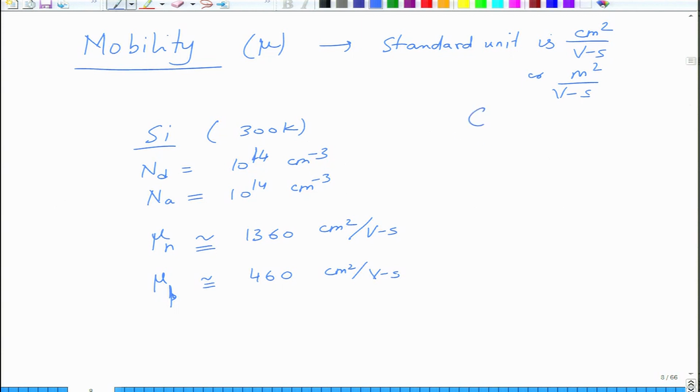Gallium arsenide, on the other hand, will have an electron mobility of 8000 centimeter square per volt second, and a hole mobility of 320 centimeter square per volt second. So, gallium arsenide is a very good n-type semiconductor. Mobility also varies as a function of temperature, so let me show you the plot of that.